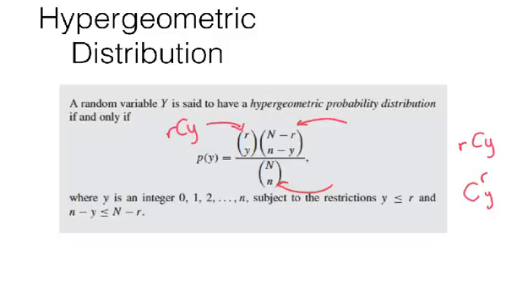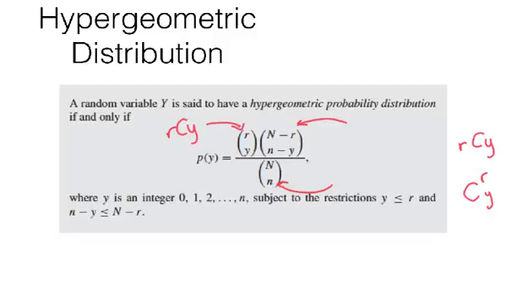R, if you remember, is the number of successes that you have in the total population, and then y is the variable that you want to analyze, how many successes in that sample. In the denominator, this is the total number of options that you have. From a population of capital N elements, you select small n.